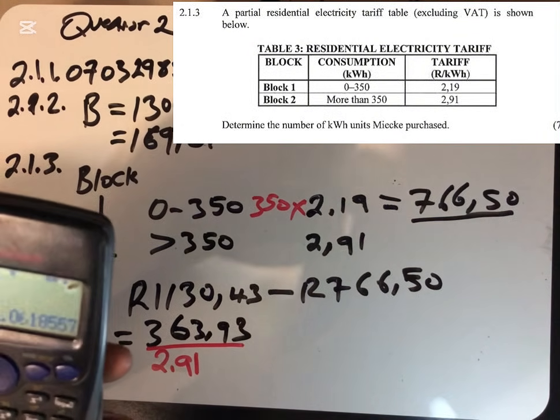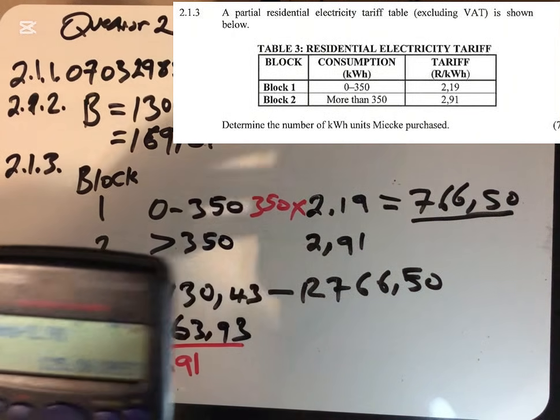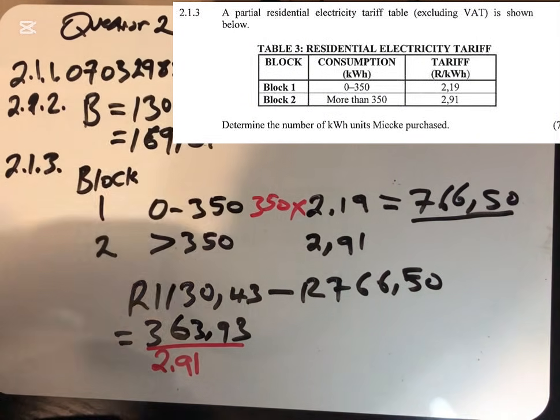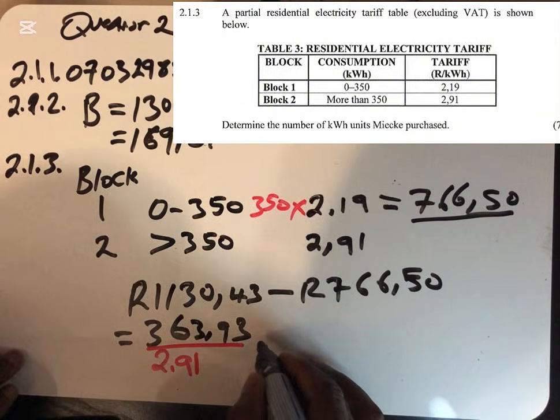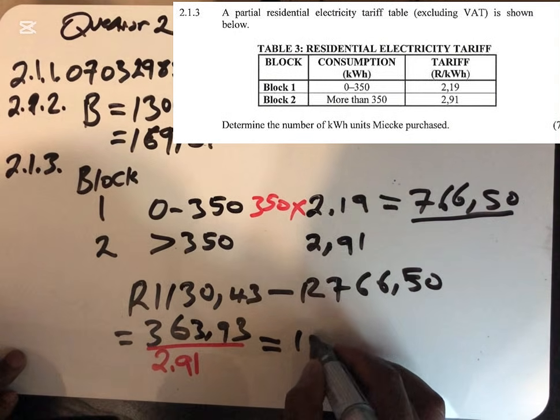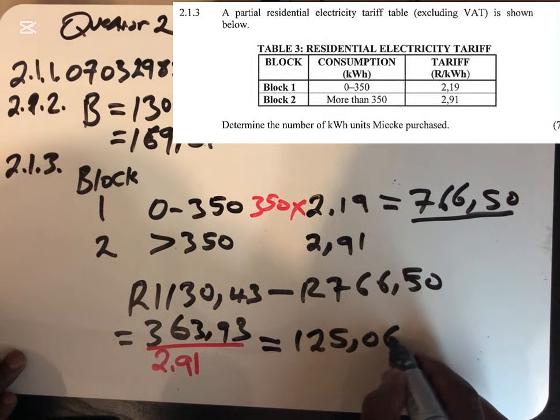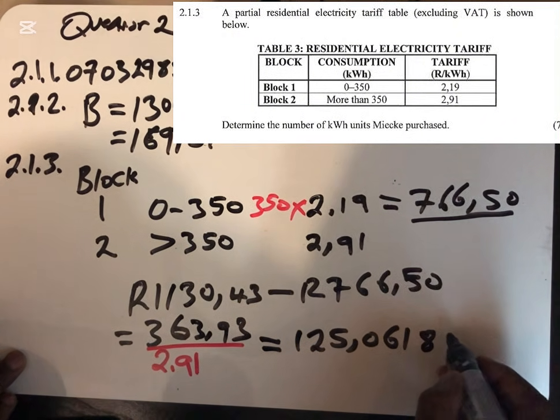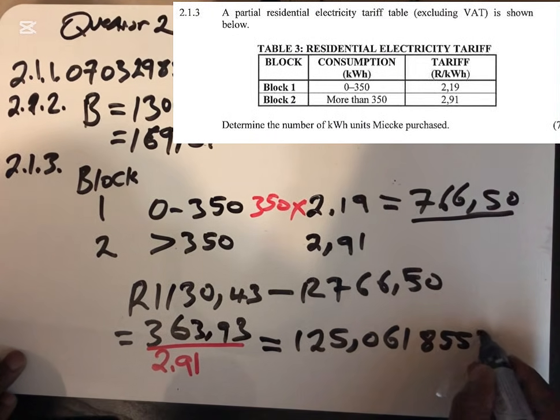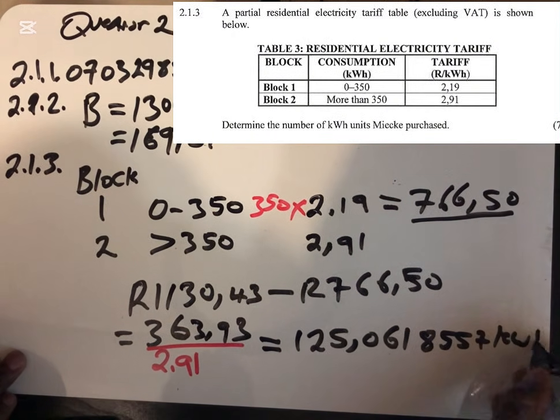We found that in block number 2, they've received 125.0618557 kilowatt hour.